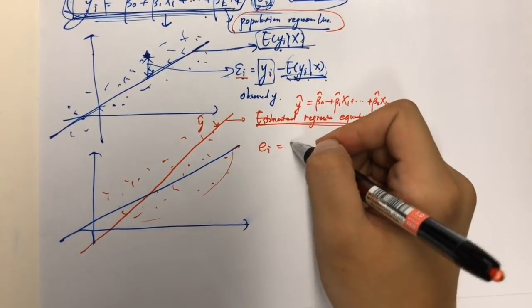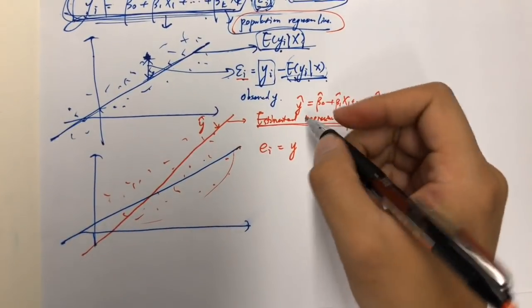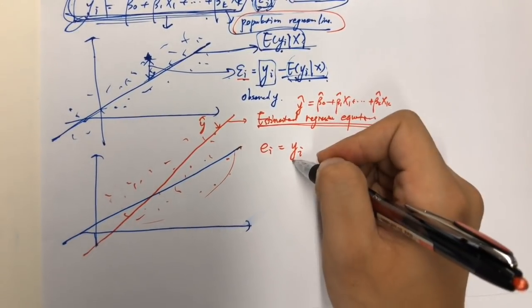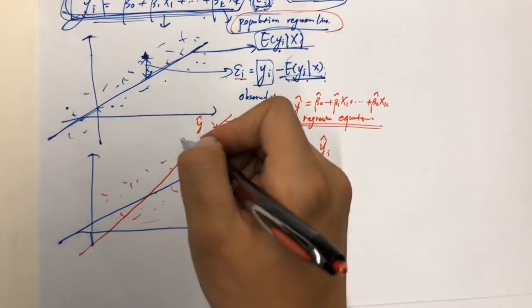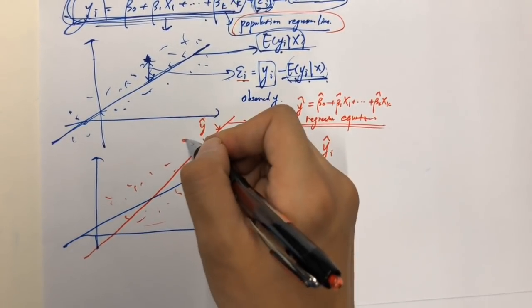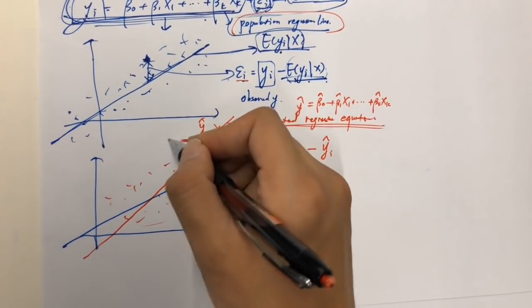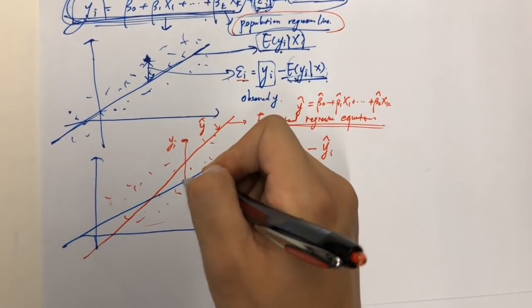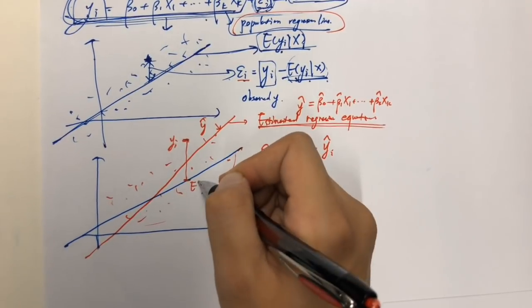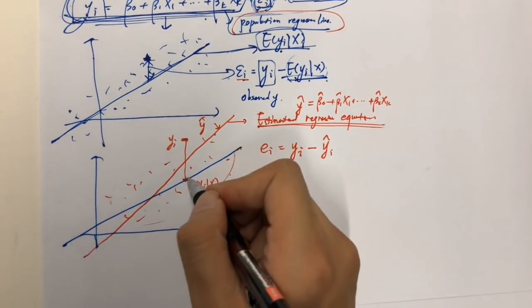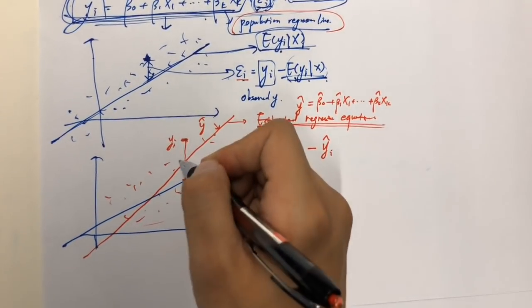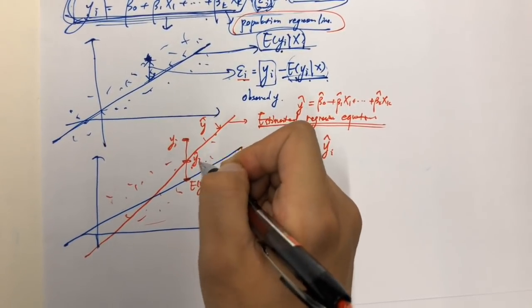ei is actually calculated by yi minus yi hat, okay? So instead of using yi minus the true value of the regression line, which is yi given x, but we will never know this value, we can only use yi hat.